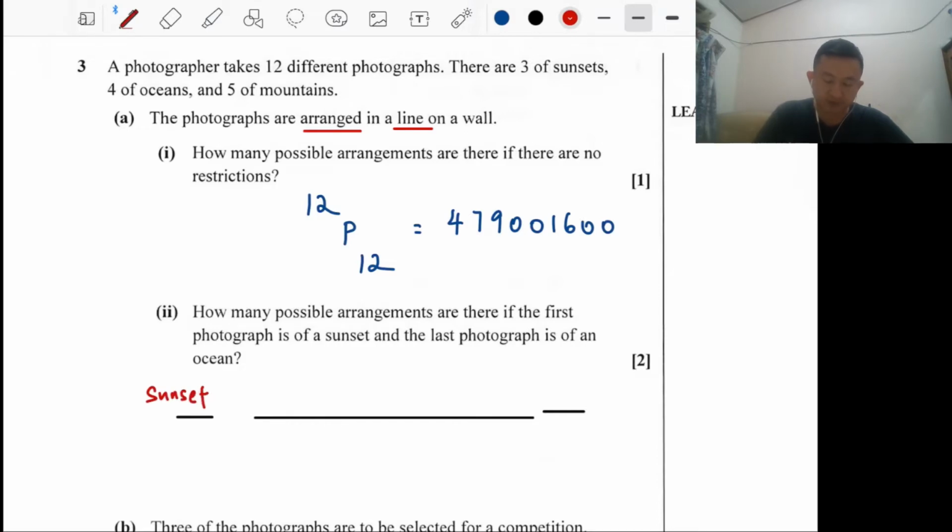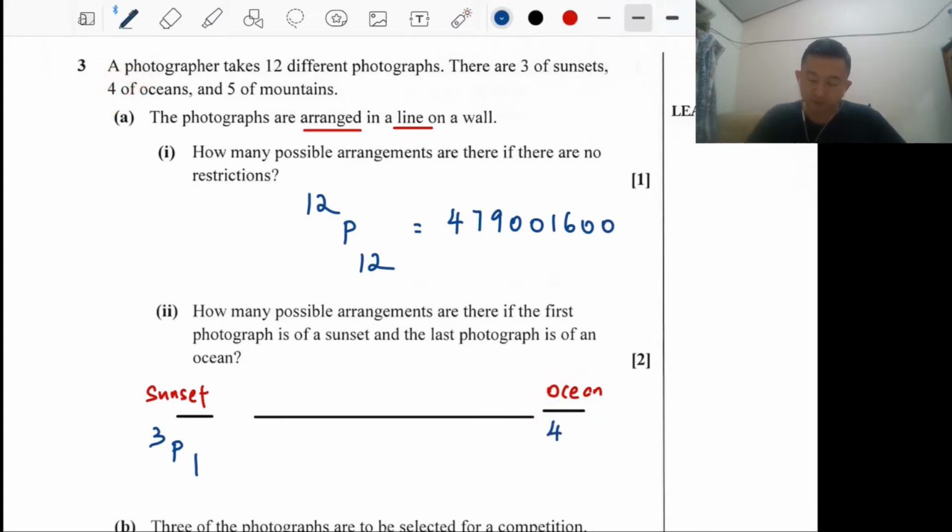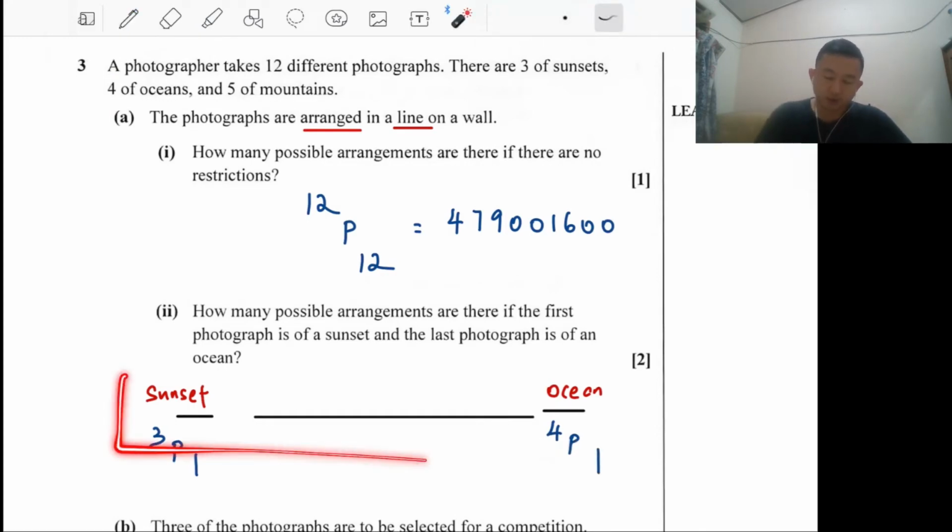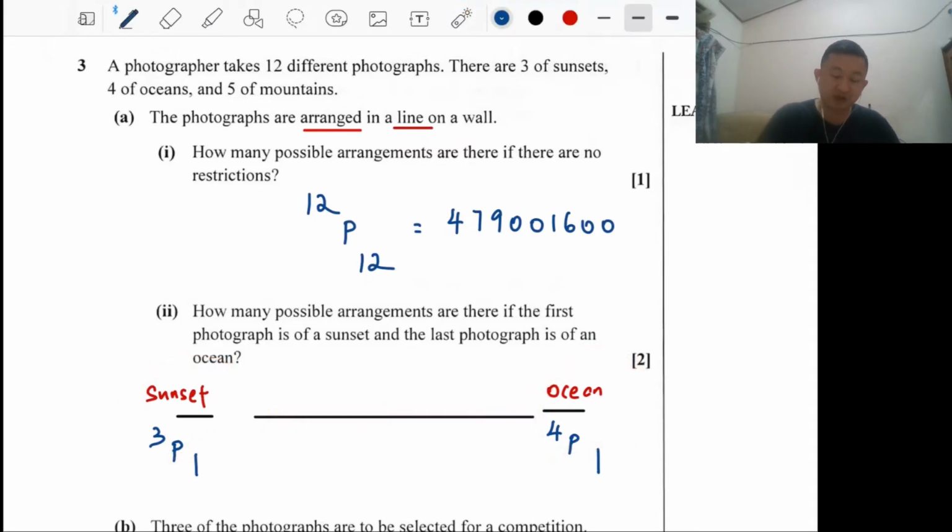Okay, 12P12. How many possible arrangements if the first photograph must be a sunset photo, and the last one must be an ocean photo? The ones in the middle don't matter, there are no restrictions. The first one must be a sunset. We have 3 sunset photos, which one we're going to pick, we don't know, so we pick one, 3P1. And we have 4 ocean photos, so 4P1. In total we have 12 photographs, 2 have been selected, so you have 10 more photographs left.